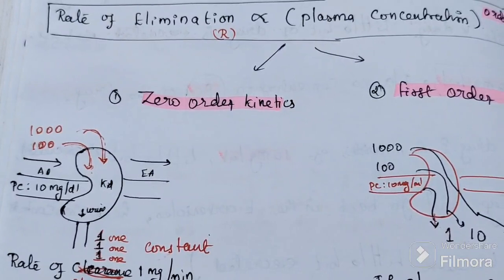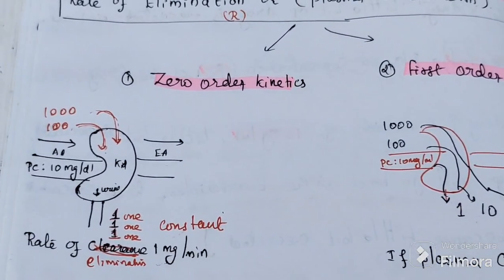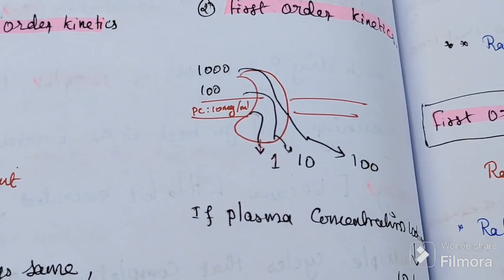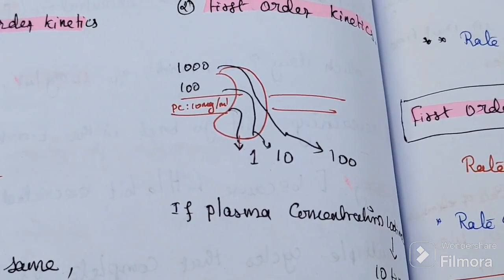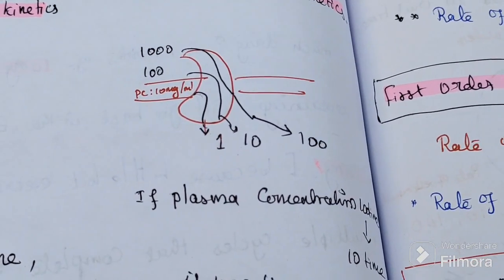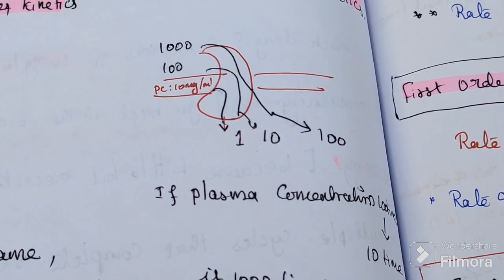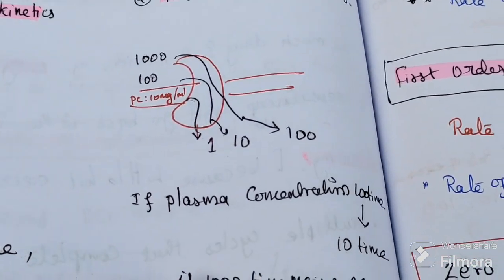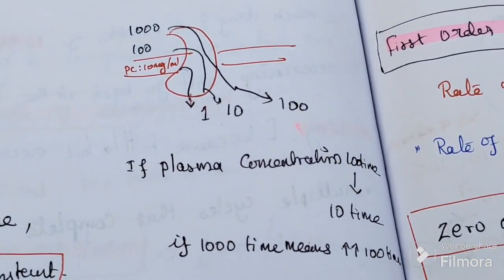In first order, it is directly proportional. So if the plasma concentration increases 10 times, or 100 times, the excretion will also increase 10 times, or 100 times.